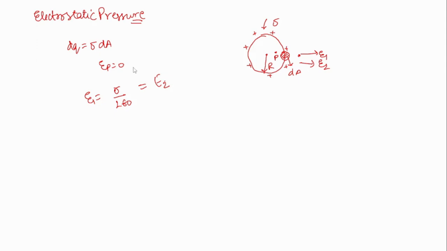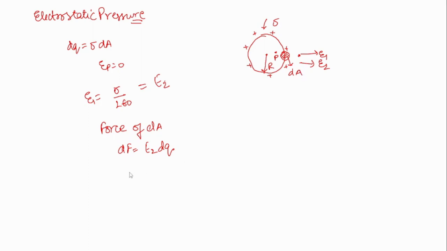So the force on dA, that is the elemental area, will be dF equals E2 times dq. E2 is the electric field due to the remaining part after removing dA.